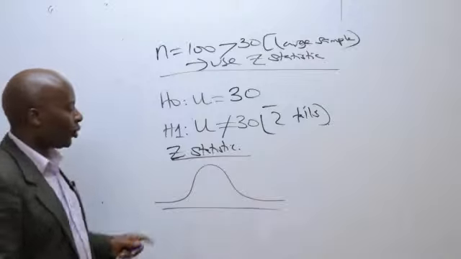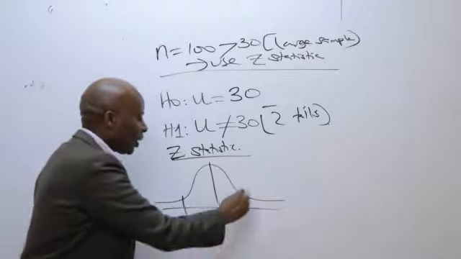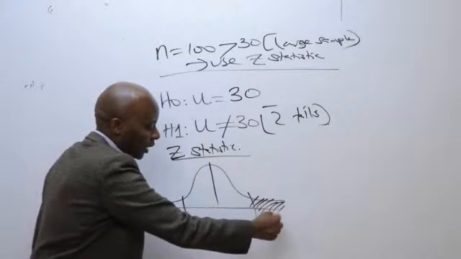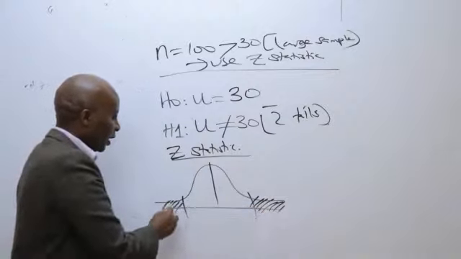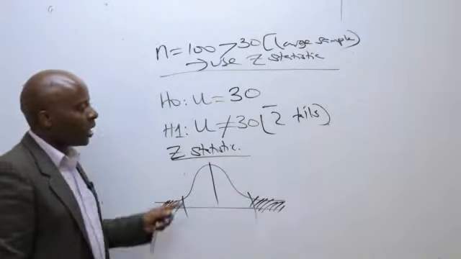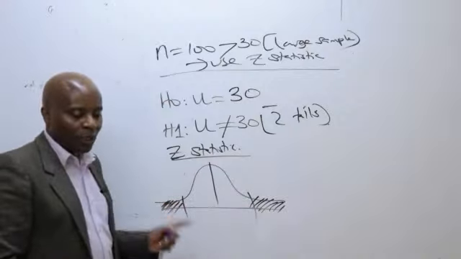Because it is 2 tails, not a problem. I'll come and shade my 2 tails. Of course, there is no tail at the middle. When there are 2 tails, I have to subdivide the level of significance into 2.